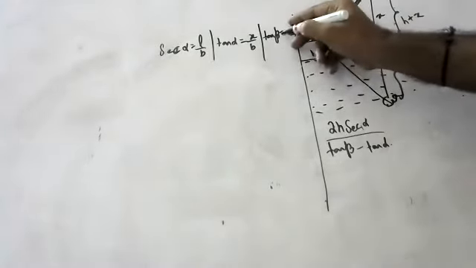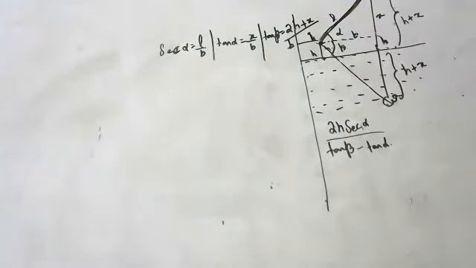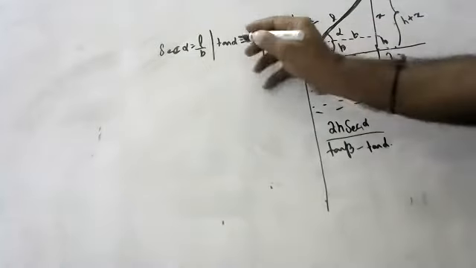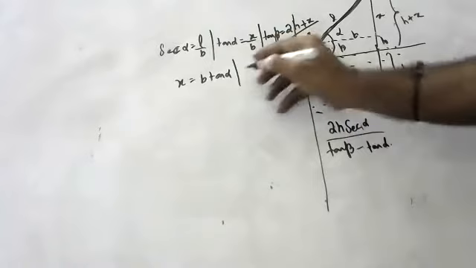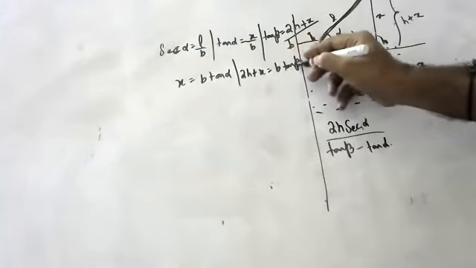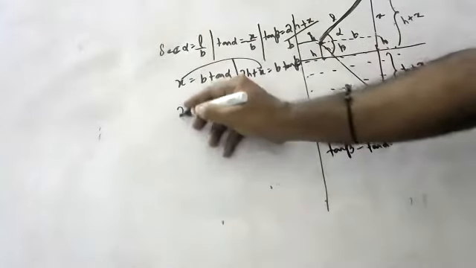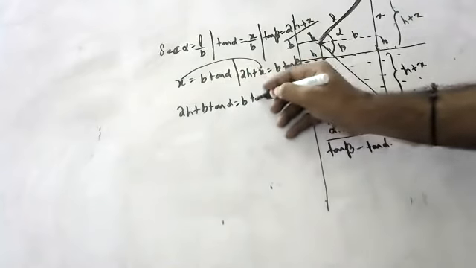So tan beta is equal to 2h plus x by b. Okay, children, like this. So x is equal to b tan alpha. Here 2h plus x is equal to b tan beta. Okay, substitute x here, children. 2h plus b tan alpha is equal to b tan beta.